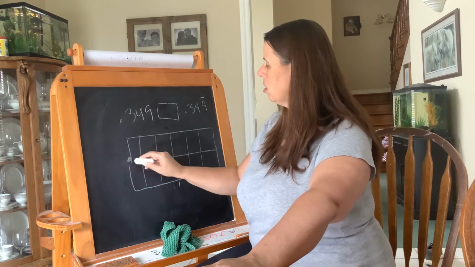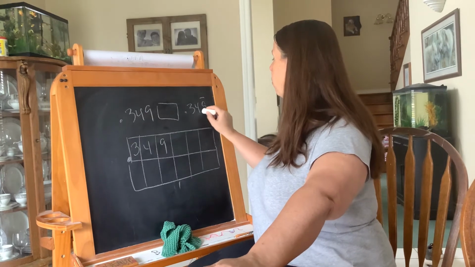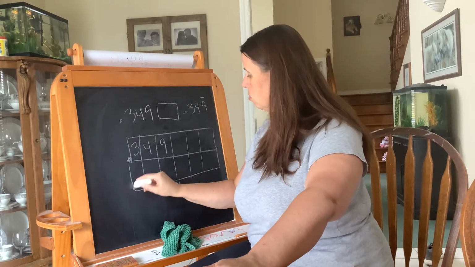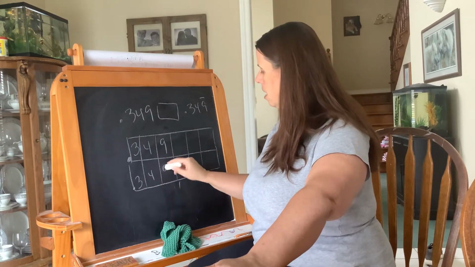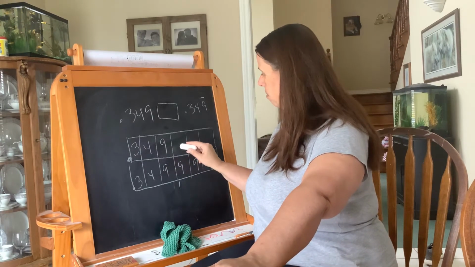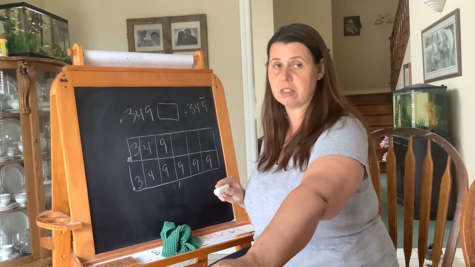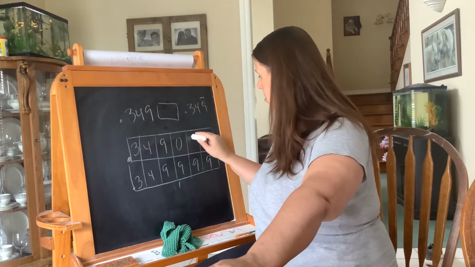Okay, so they want you to fill in your decimal here. 0.349 and 0.349 repeating, so 0.3499999. And remember, there's nothing in those boxes, but there actually is something in those boxes. Zeros.